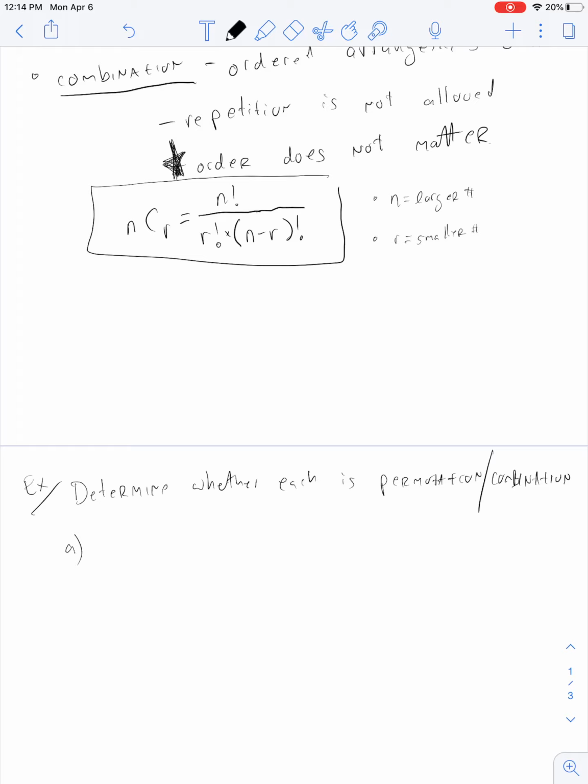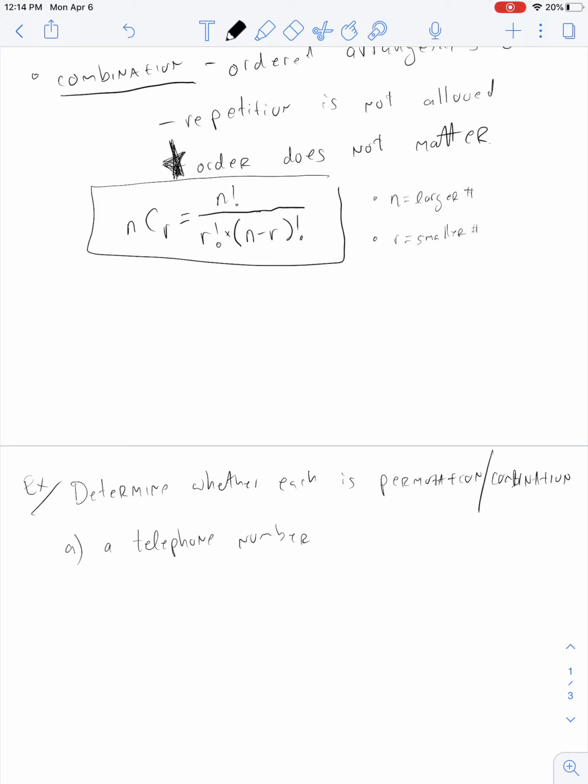Let's go with, how about we just say a telephone number. All right, so is this a permutation or a combination? Well, with a telephone number, can repetition occur?